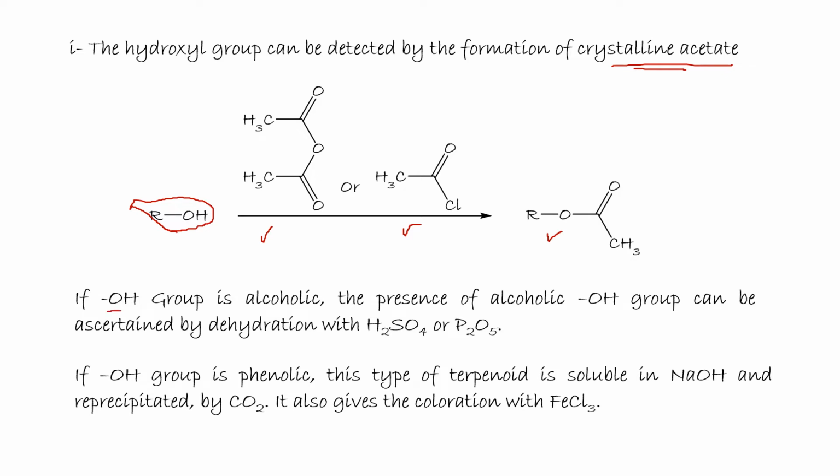If the OH is alcoholic, the presence of alcoholic OH can be ascertained by dehydration with sulfuric acid or phosphorus pentoxide. If the OH is phenolic, this type of terpenoid is soluble in sodium hydroxide and reprecipitated by carbon dioxide. It also gives coloration with ferric chloride.